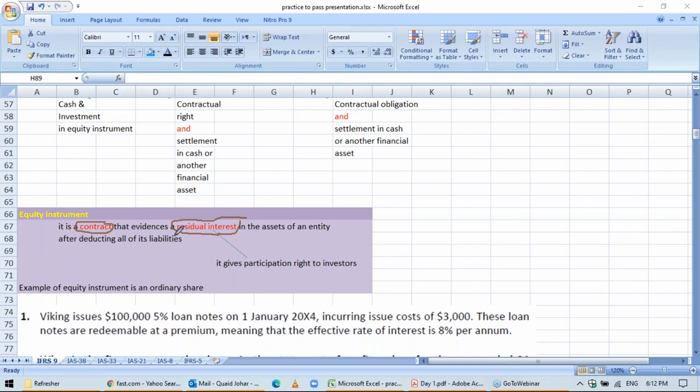So a contract that entitles the party to receive the residual amount, assets minus liabilities, is known as an equity instrument. And the most common example is an ordinary share, which you know.